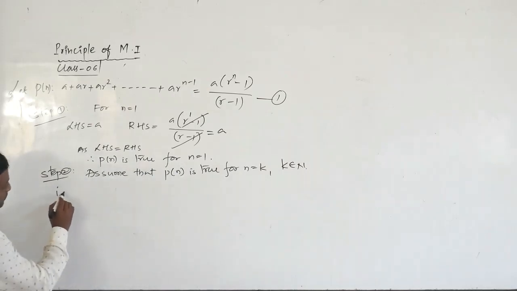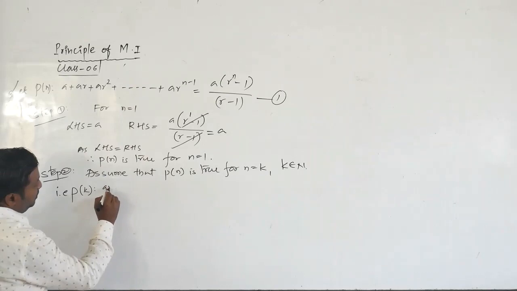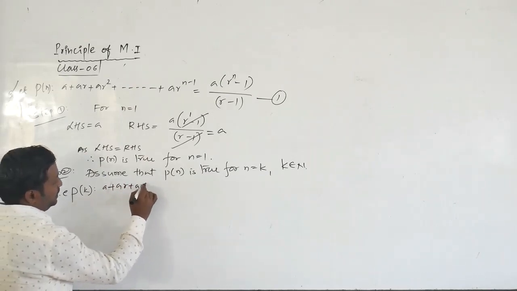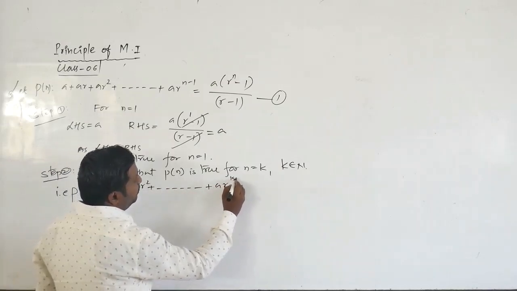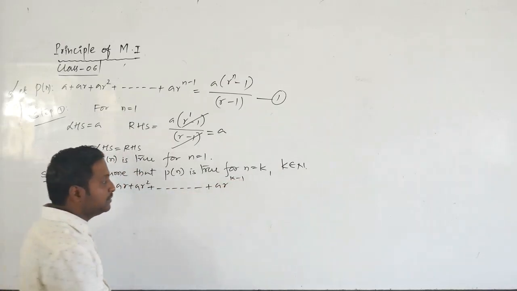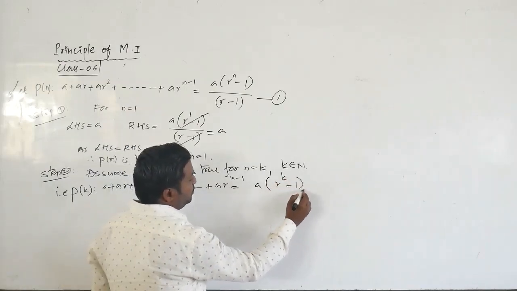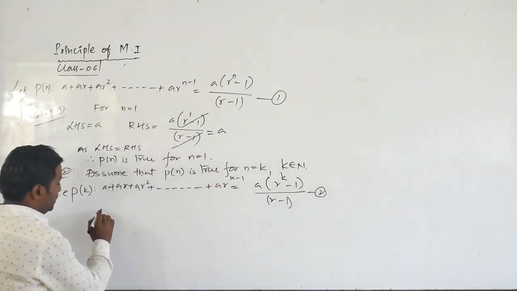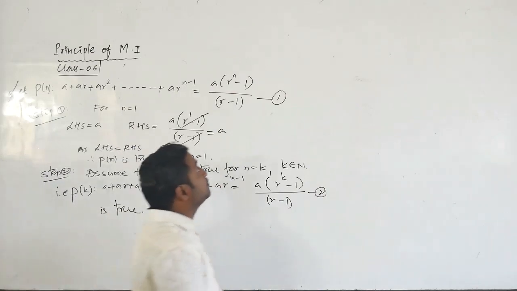That is, P of k: A plus AR square and so on plus AR raised to k minus 1 is equal to A into bracket R raised to k minus 1 by R minus 1. Let us take this as true.